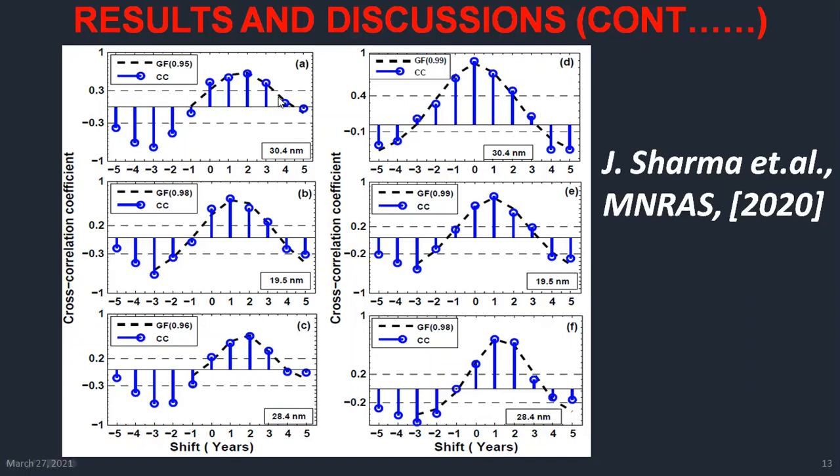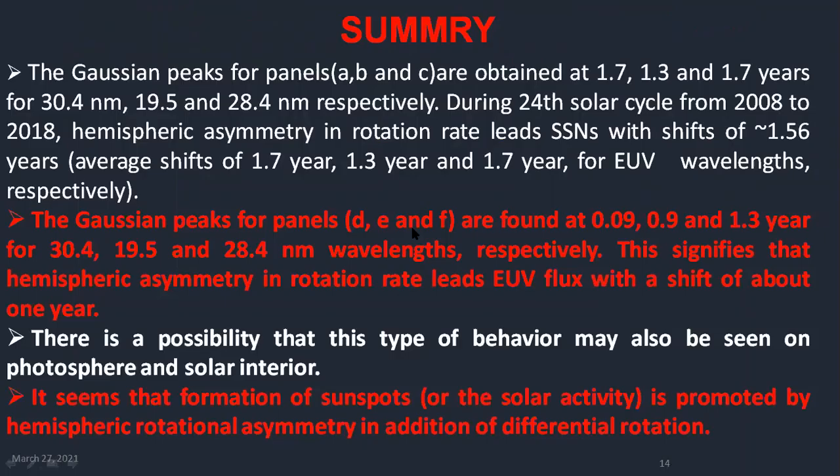On average, we can say that in all the panels from A to F, the asymmetric behavior is the same. The Gaussian peaks for panels A, B, and C occur at 1.7, 1.3, and 1.7 years for 30.4 nanometer, 19.5 nanometer, and 28.4 nanometer respectively.